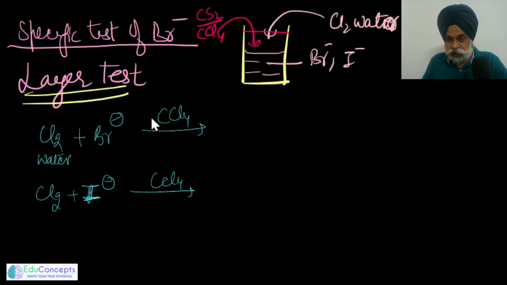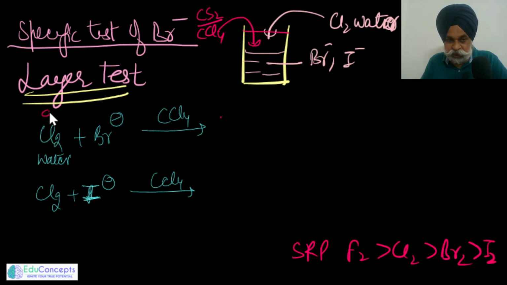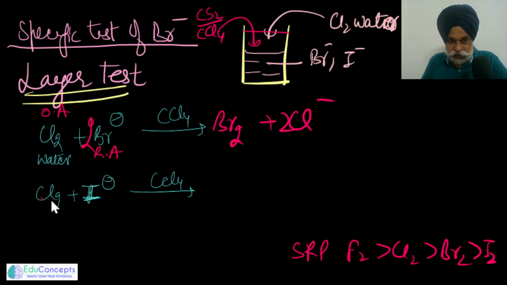Now, once you mix it, or once the reaction has happened, chlorine water undergoes a redox reaction, because if we write SRP, fluorine is greater than chlorine, greater than bromine, greater than iodine. So chlorine is a better oxidizing agent than bromine. So bromide would act as a reducing agent and produce Br2 along with Cl negative. Similarly, if iodide is there, it would change into I2 and chlorine would change into 2Cl negative.